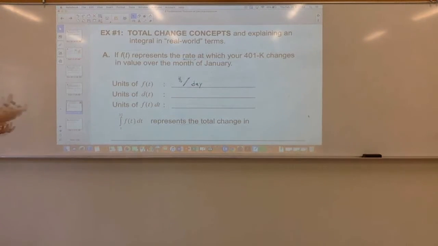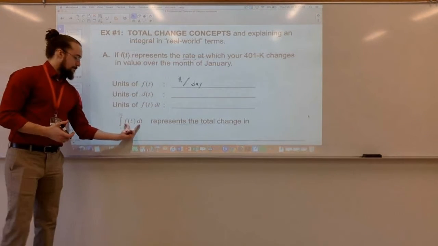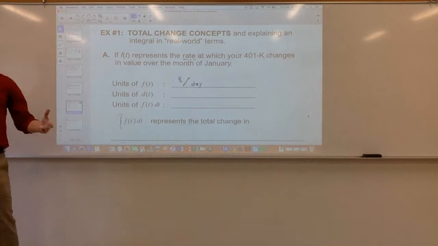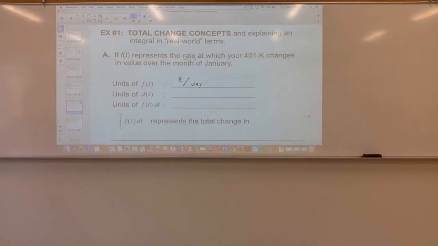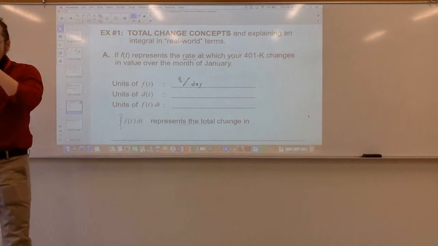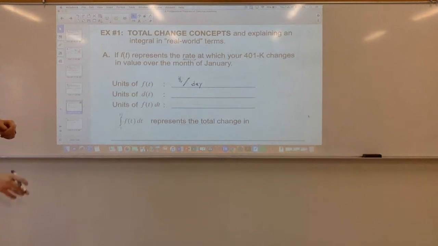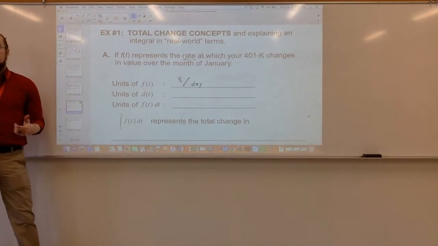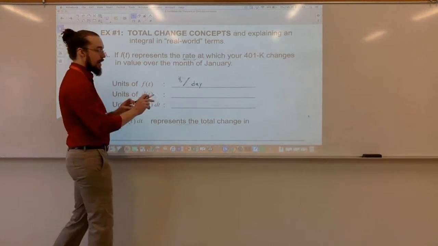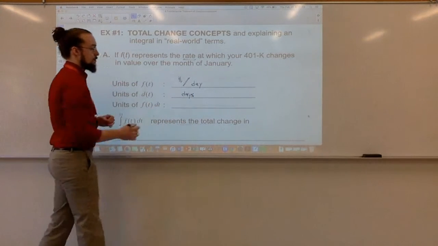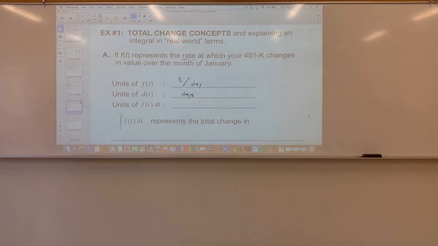Okay. So if we're thinking about our integral, right? If I'm going from 1 to 31, the days of January, and I'm saying that f of t is the amount of money per day, dt is the rate of change of time. It's the rate of change of the x-axis, or in this case, the t-axis. So this we say is days.